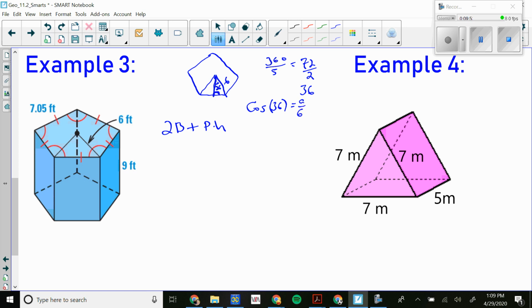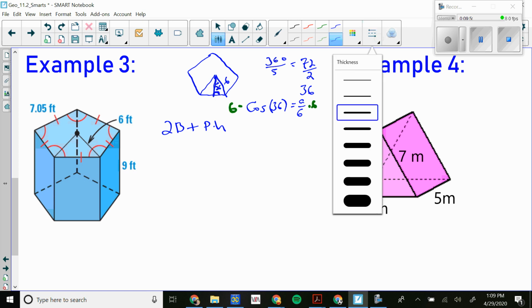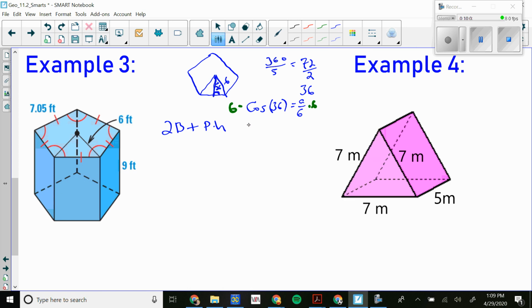Okay, so if I multiply both sides by 6, then that gives me 6 cosine of 36 equals A. And 6 cosine of 36 is 4.85. We'll round a little bit.